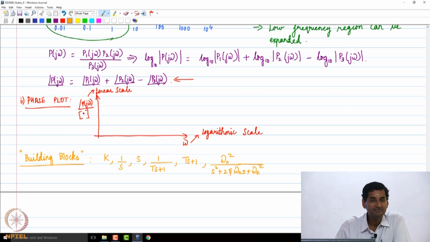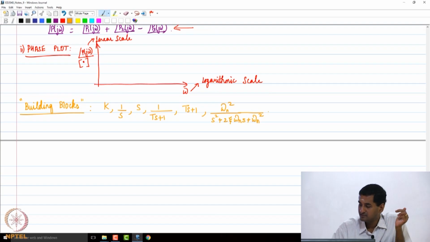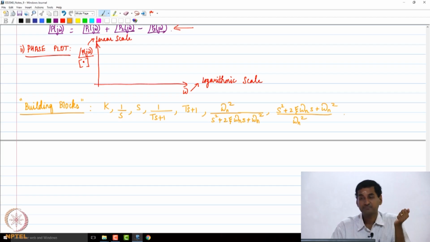Such a second order factor cannot be factorized into real factors. In the same way, I can have a second order factor in the numerator of the transfer function. So these are all potential factors.